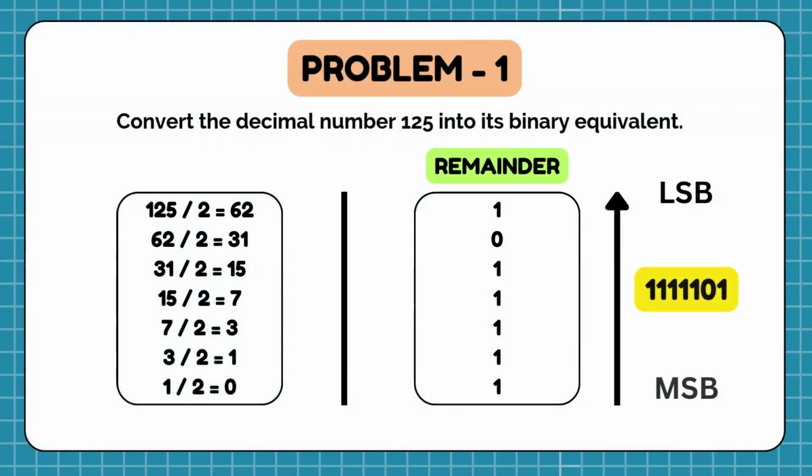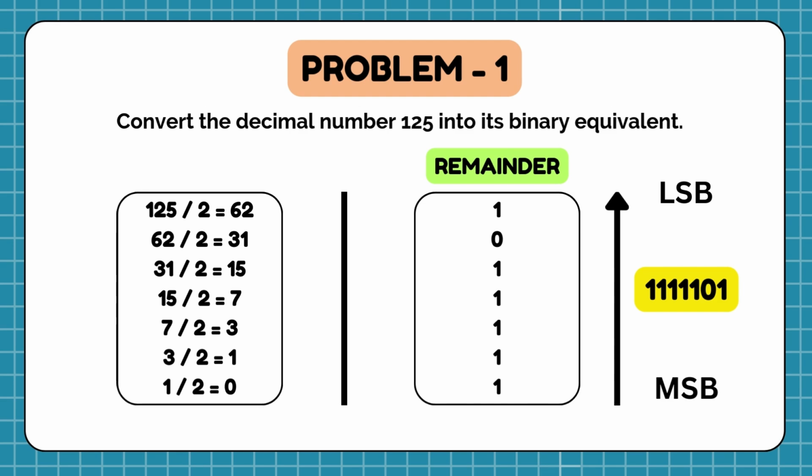Let's take an example to make this clear. Say we want to convert the decimal number 125 into binary. Here's how it works. 125 divided by 2 gives 62 with a remainder of 1. 62 divided by 2 gives 31 with a remainder of 0. 31 divided by 2 gives 15 with a remainder of 1. 15 divided by 2 gives 7 with a remainder of 1. 7 divided by 2 gives 3 with a remainder of 1. 3 divided by 2 gives 1 with a remainder of 1.